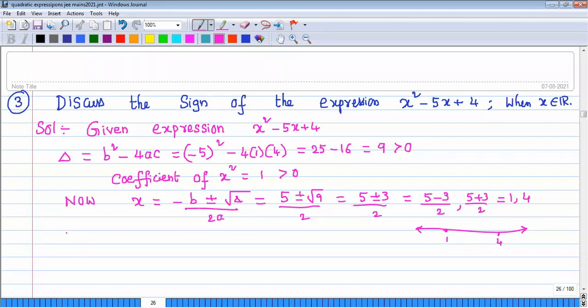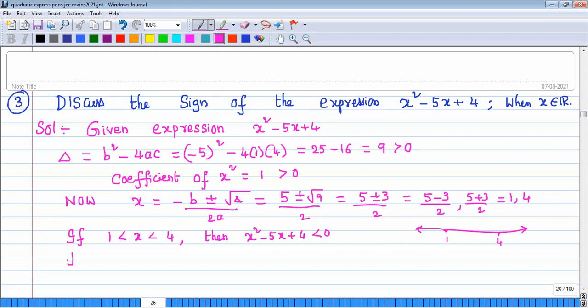If x lies between 1 and 4, that means 1 less than x and x less than 4, then x square minus 5x plus 4 and the coefficient of x square, a, will have opposite sign. The coefficient is positive, so opposite sign means less than 0.